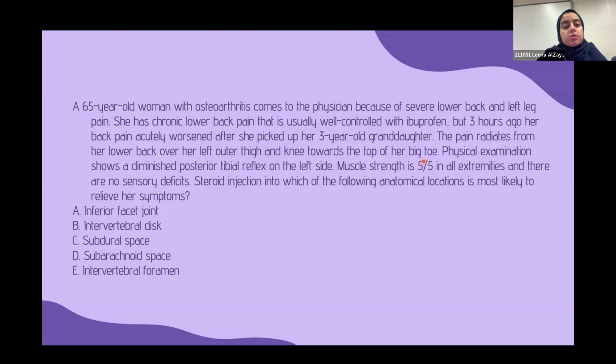The pain radiates from her lower back over her left outer thigh and knee towards the top of her big toe. Physical examination shows a diminished posterior tibial reflex on the left side. Muscle strength is 5 out of 5 in all extremities and there's no sensory defect. Steroid injection into which of the following anatomical locations is most likely to relieve her pain?